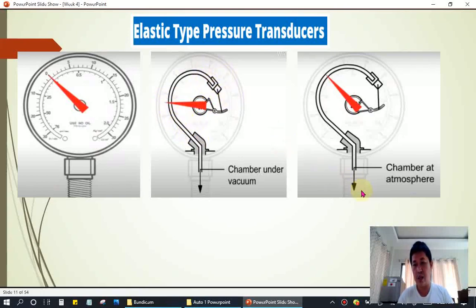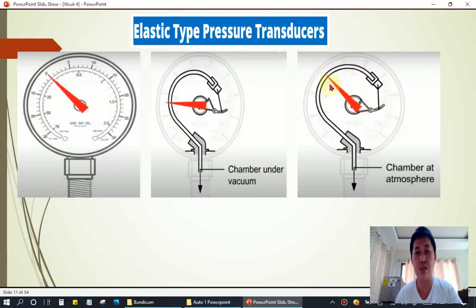And when the pressure is plus, or what we call positive pressure, this elastic material inside is moving and the pointer is deflecting to positive pressure.